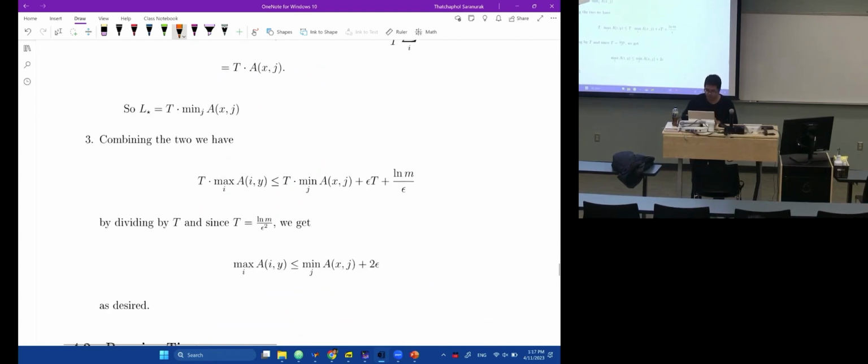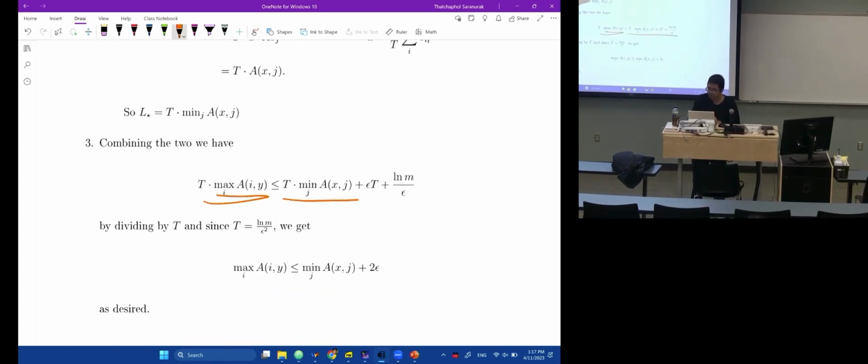Now you just rearrange, divide by T, and because T is big, you get the key lemma.